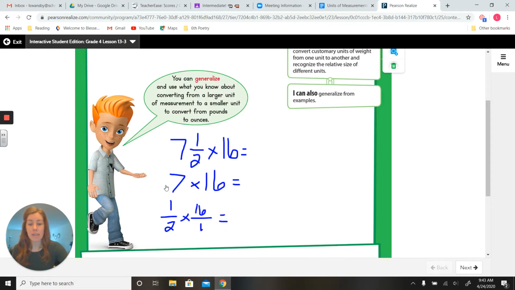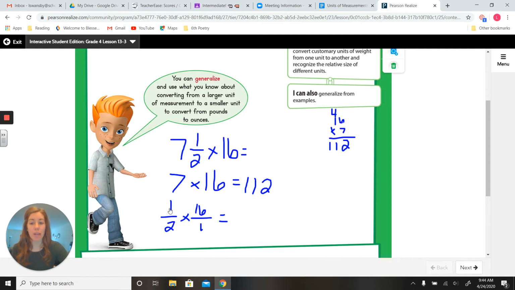Well, 7 times 16, I'm just going to go to the side here and do a little bit of multiplication on my own. So 6 times 7 is 42. 7 times 1 is 7, plus 4 is 11. So 7 times 16 is 112. And then half times 16, you're basically just asking yourself, what is half of 16?